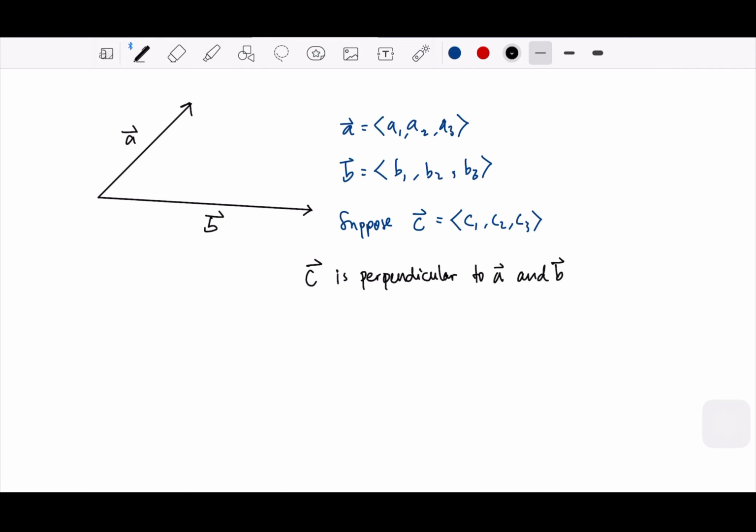Because we know from the dot product, from the cosine theta, that perpendicular means that if we dot A with C, this will be 0, and if we dot B with C, it's also 0.